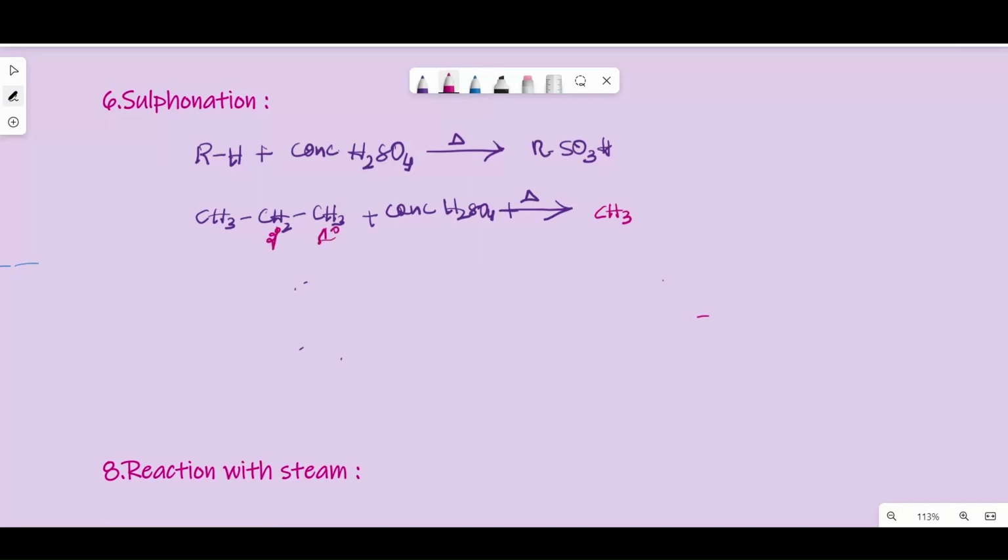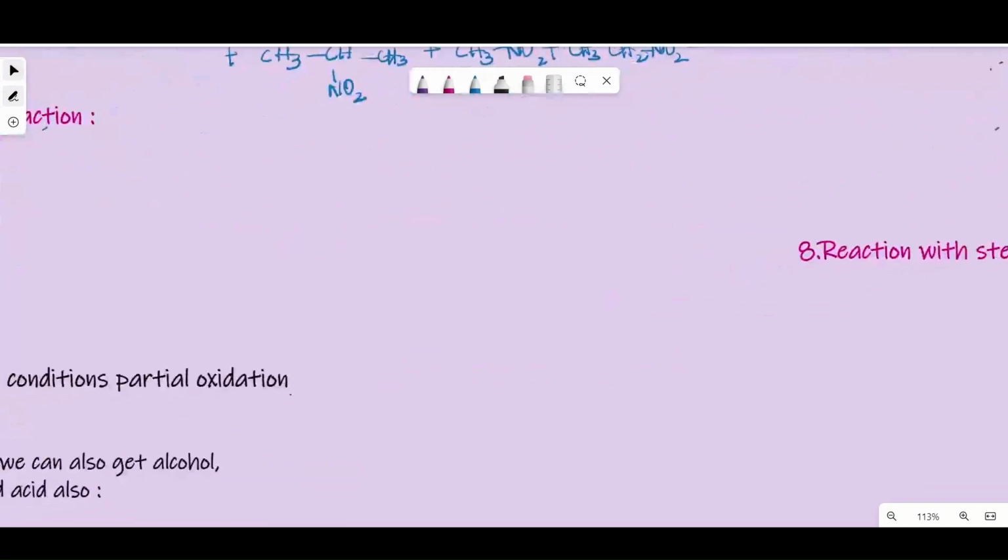So we can add SO3H here and here, so you will get two products, CH3CH2CH2SO3H plus CH3CH(SO3H)CH3. This is all about sulfonation. Let's move on to another topic.